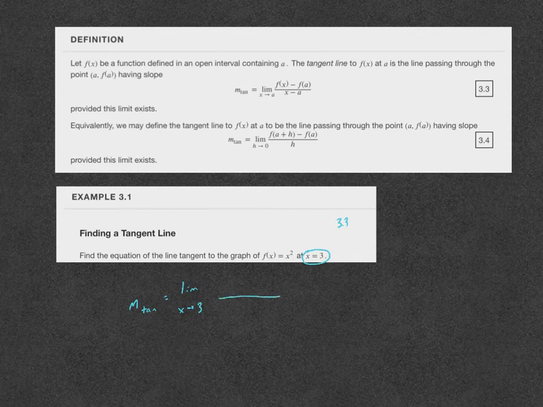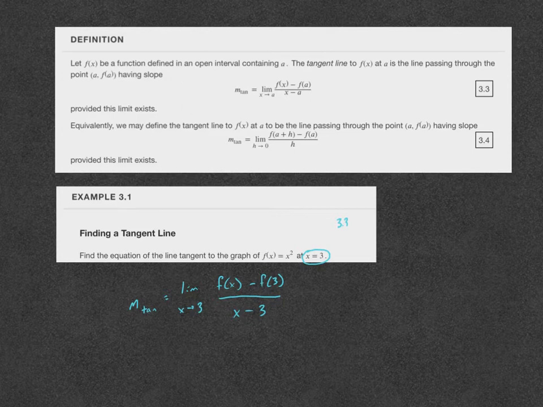That's the first piece. And then it says f of x, my function, minus f of a, and again, instead of writing a, I'm going to replace that with 3, divided by x minus 3. So I've just replaced all the a's with 3's.